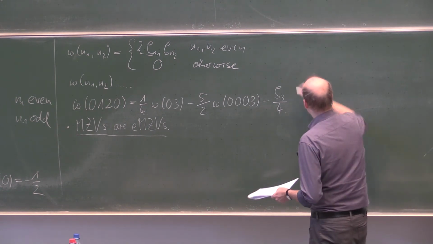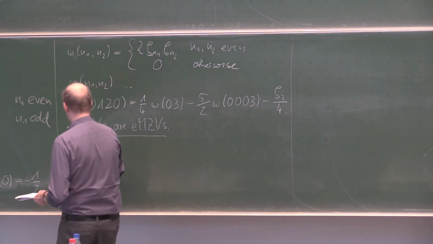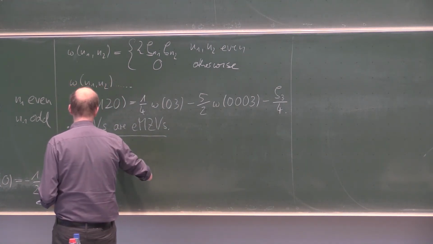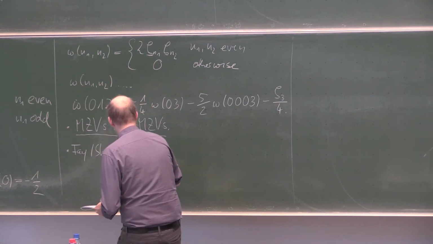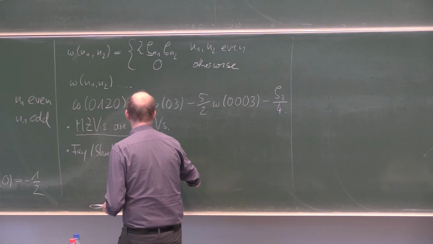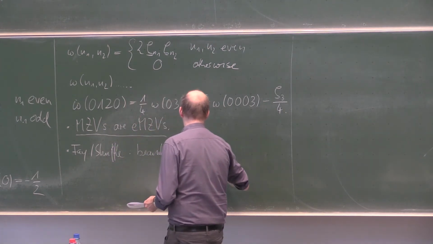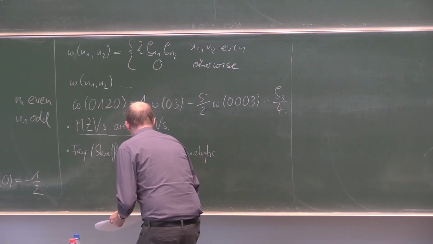Now, this Fay identity and shuffle is beautiful and analytic, but cumbersome.